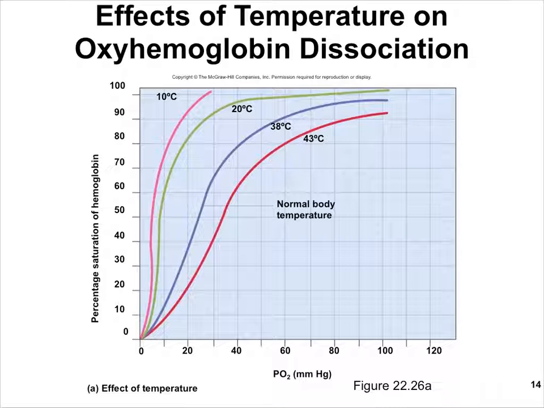That's all well and good, but let's say that this hypothetical person is at 20 degrees Celsius instead of 38 degrees Celsius. First off, if he's at 20 degrees Celsius, he's probably dead, but let's pretend that he's not dead for some reason. What's going to happen? Well, in his lungs, we'll go here, look up, and we'll see he's at almost 100% saturation, right?